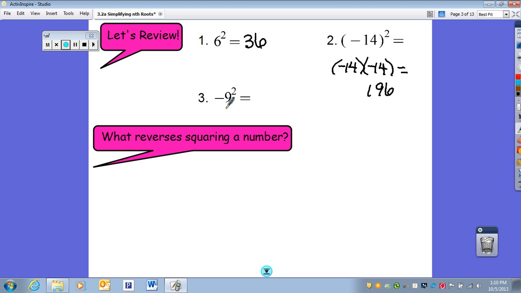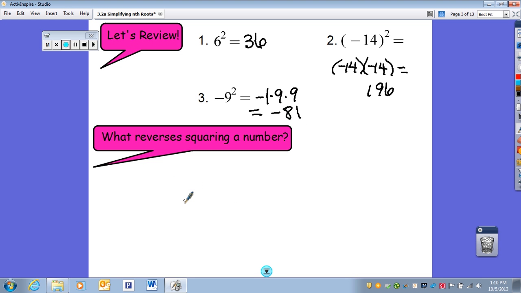Now the difference between a problem like number 2 and number 3 is that number 2 has parentheses around the negative sign. In number 3 it does not. So when you have a negative times 9 squared, that means -1 times 9 squared, which is 9 times 9. 9 times 9 is 81, and then times -1 would be -81.